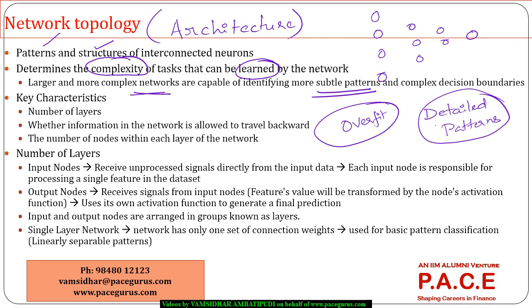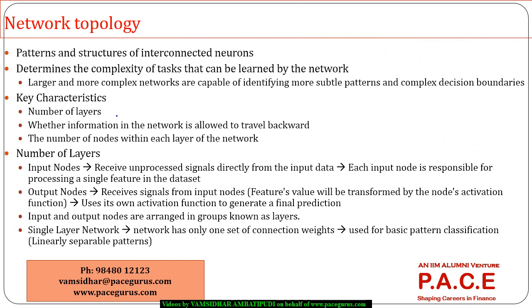Whenever we are talking about the topology of the network, we talk about how many layers there are. Is it only 2 layers, input and output, or 3 layers where one is a hidden layer, or 4 layers with 2 hidden layers, and so on. So I have to specify how many layers are in the network.